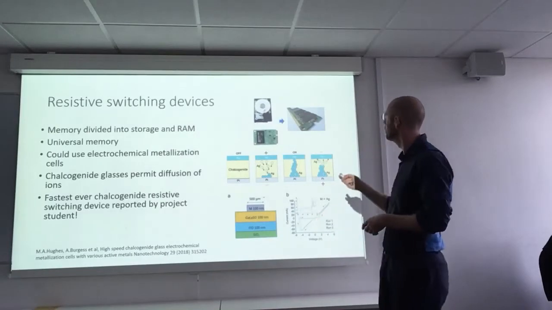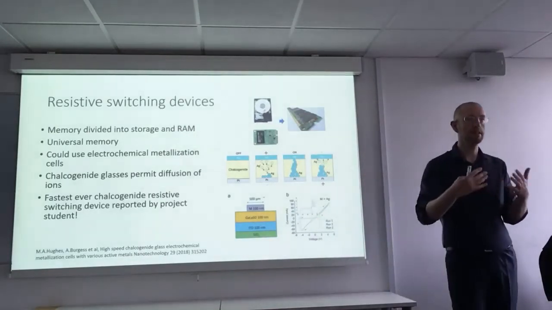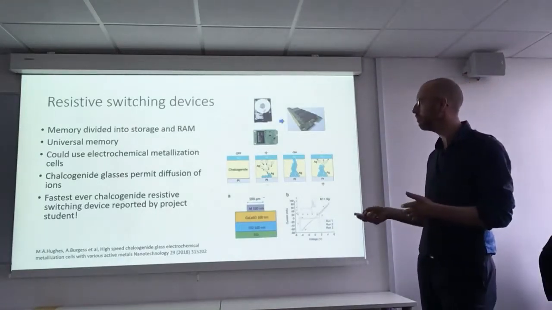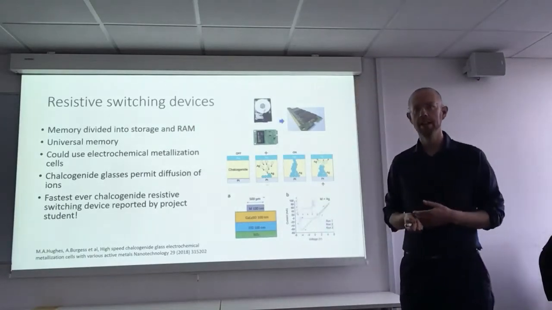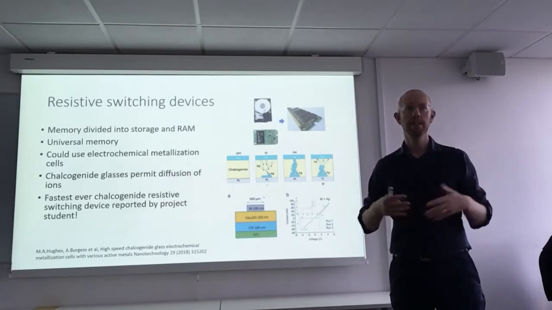So with RAM chips, the data can go back and forth to the processor extremely quickly. The trouble is, it's volatile. You pay a price for that. It's volatile, which means that when you switch the power off, your data goes.